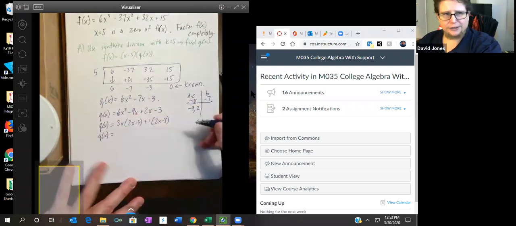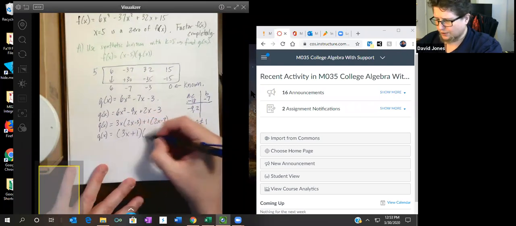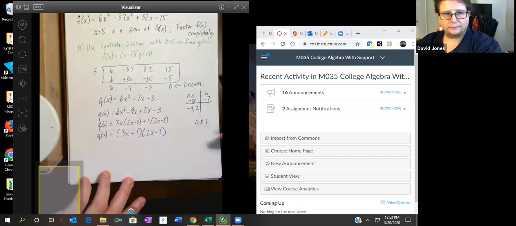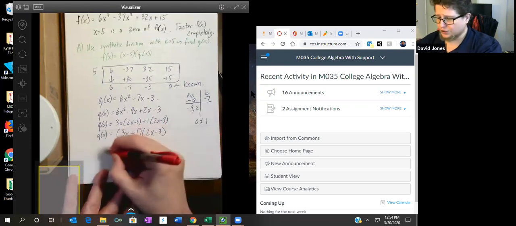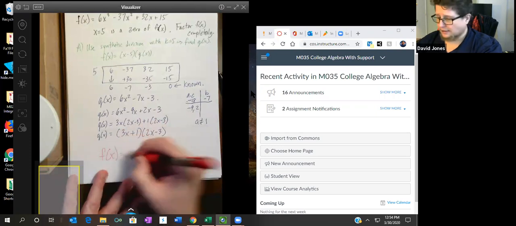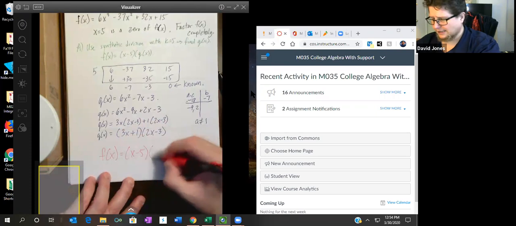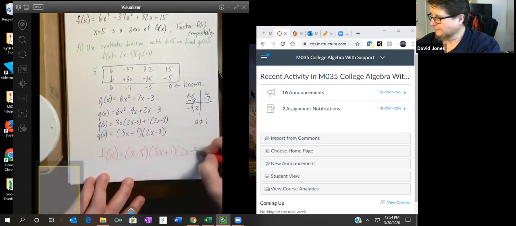We finish factoring q of x: 3x plus 1 times 2x minus 3. The answer to our problem, though, was to factor f of x. So our solution, we still have that x minus 5, and then we have this 3x plus 1 and 2x minus 3.